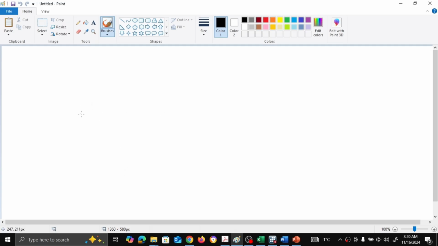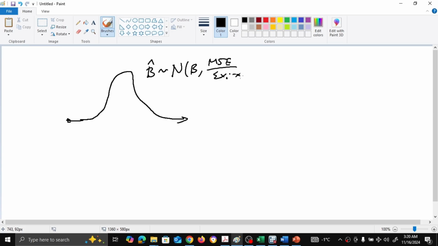But if you're going to draw it, what you are actually doing is you have this distribution here of your beta hat, and you assume what? Remember this? It's a normal, right? And it's centered at the beta. And you estimated the variance, which is MSE over the sum of the xi minus x bar squared.